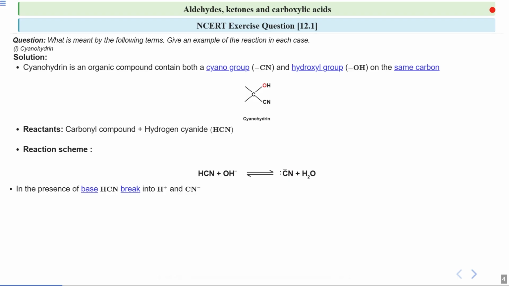A base is often used to help the hydrogen cyanide break apart into H+ and CN- ions. So the CN- ion is what actually attacks the carbonyl carbon, which finally leads to the formation of cyanohydrin.